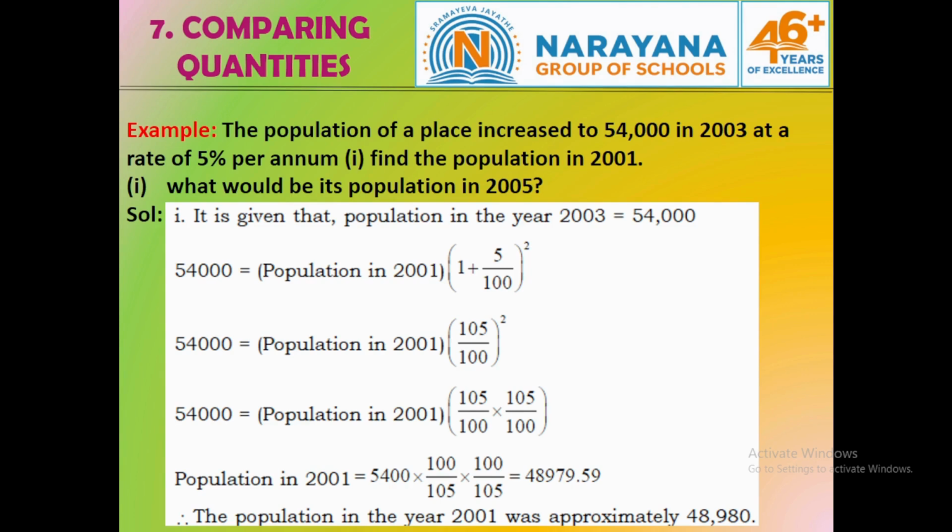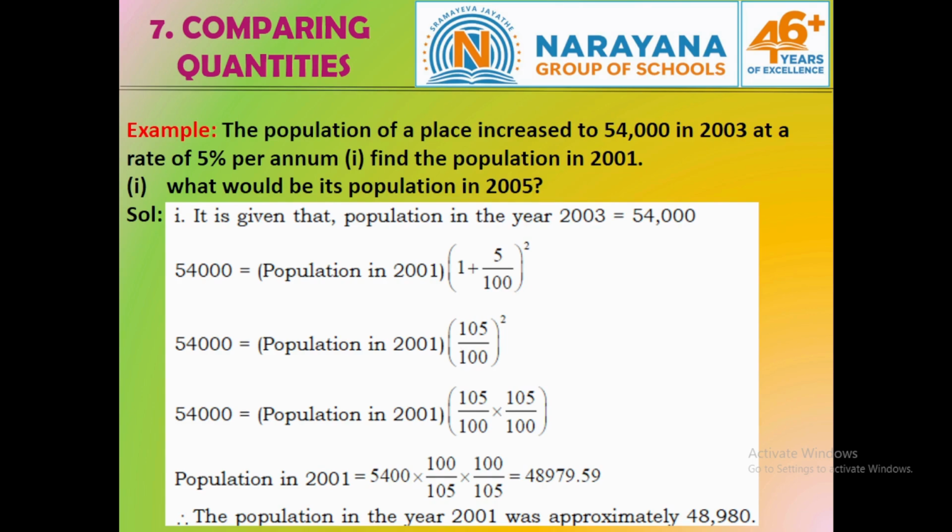So first one, it is given that the population in the year 2003 is 54,000. So 54,000 is equal to population in 2001 of 1 plus 5 by 100 whole to the power of 2, because the year difference between 2003 and 2001 is 2 years. That's why I am taking N is equal to 2.